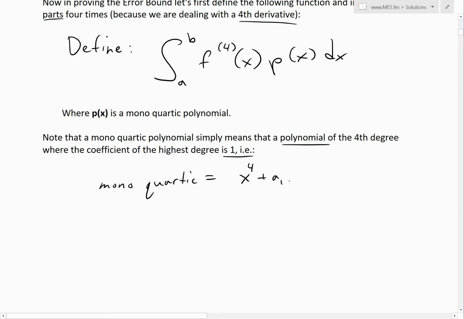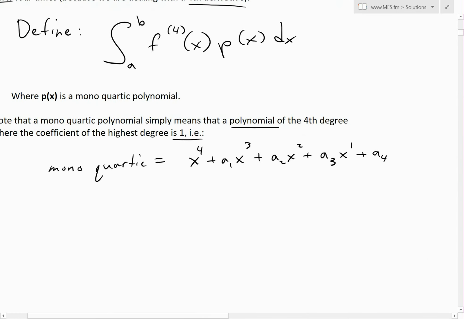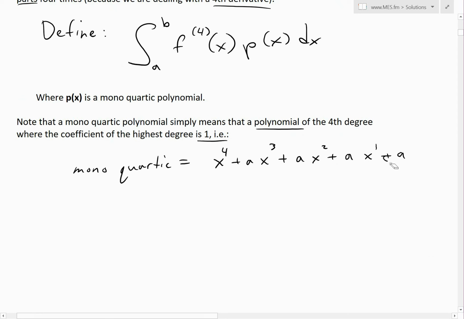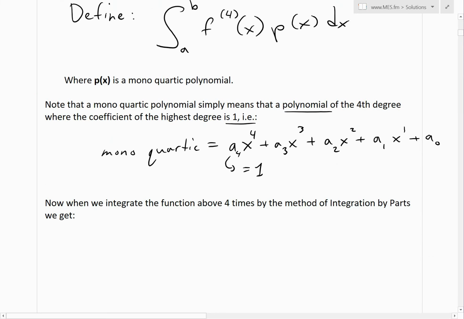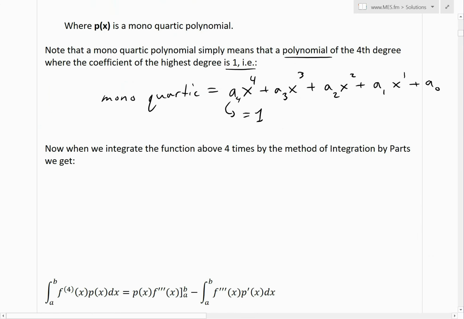Then plus a1 x^3, we'll call this a2 actually, a2 x^2 plus a3 x plus a4. Or usually a better way of defining the coefficients is a0 here, and it doesn't matter, this is a1, it's just for neatness. Like that, and then our a4, in this case, equals 1. So that's all that monic means. And the way we're defining it will come in handy soon.